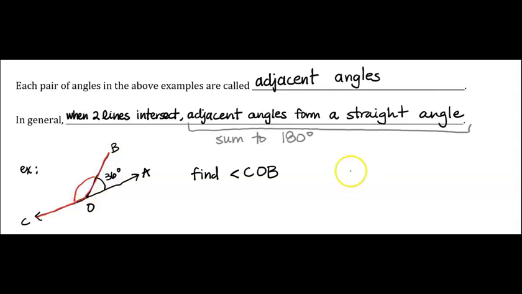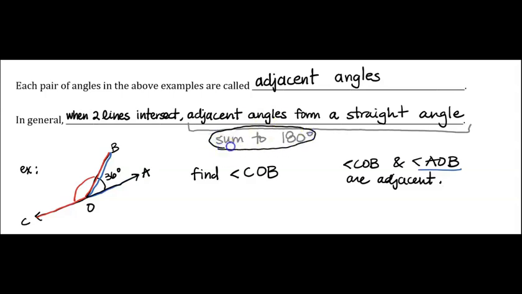But we know from the image that angle COB and angle AOB, so angle AOB is this angle here from A to O to B, those angles are adjacent. They're right next to each other. We can see those are adjacent angles. And we know that adjacent angles sum up to 180 degrees.